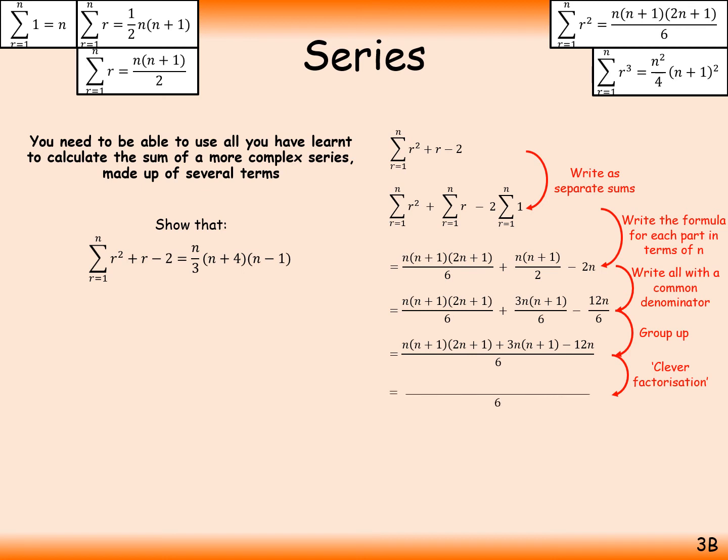So one way to do it is look at what's common everywhere first, including the bracket. So first of all, we've got n, n, n. And in this case, there's no bracket that's common because we just have 12n at the end. So we just take n outside. So we're left over with n plus 1, 2n plus 1. And then here we've got 3n plus 1, and it's minus 12.